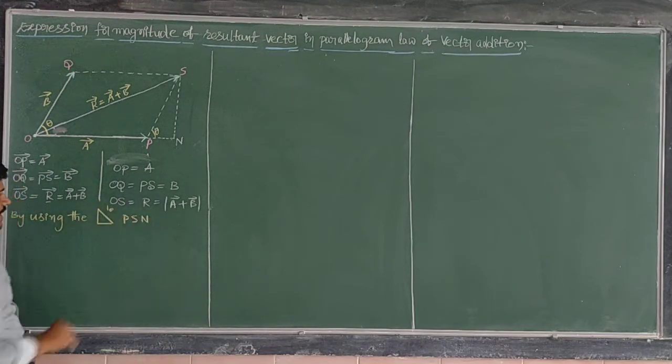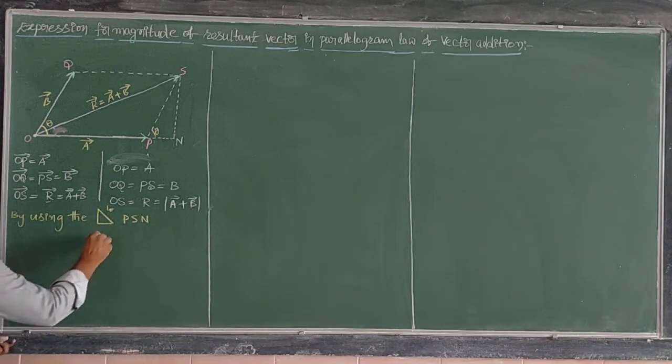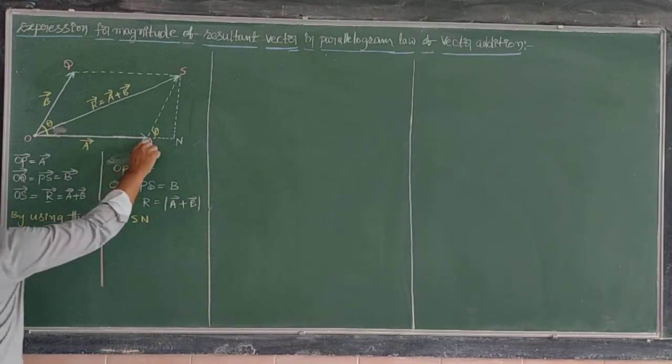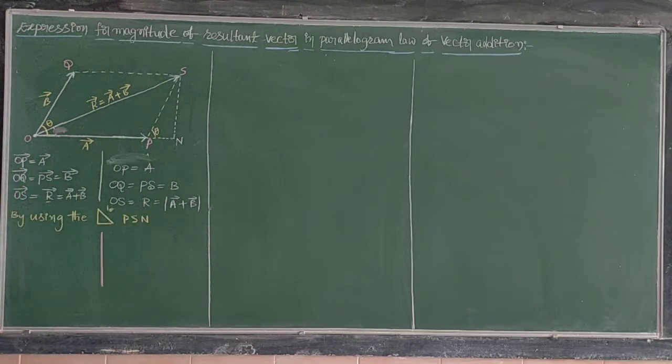By using the right angle triangle PSN, let me see what we have to calculate. PSN, the right angle triangle I have taken. In which, the very first thing I am going to measure is sin theta.